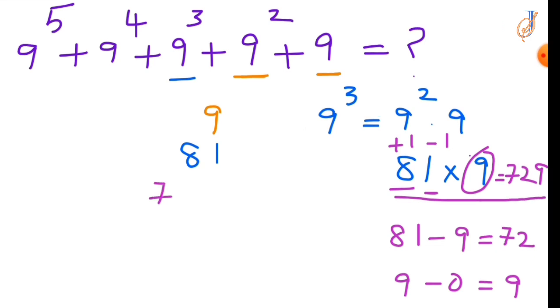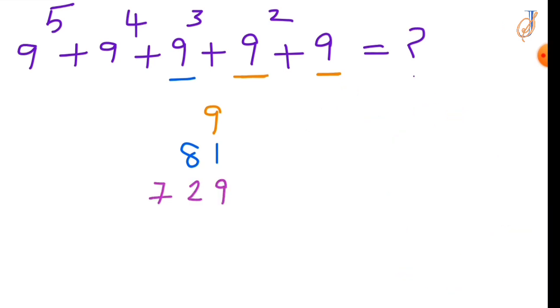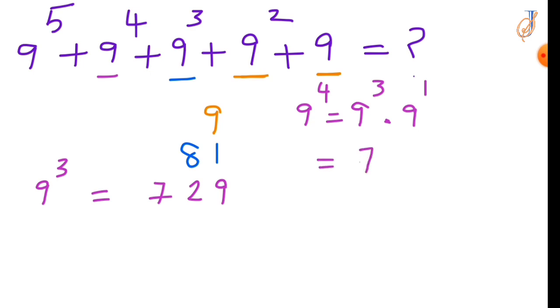Just write 729. Now you have 9^4. We can write this as 9^3 times 9. We found that 9^3 has the value 729, right? 729 times 9. Now you have 3 digits. How can you multiply with 3 digits? First take 2 digits at a time, then the last 9.